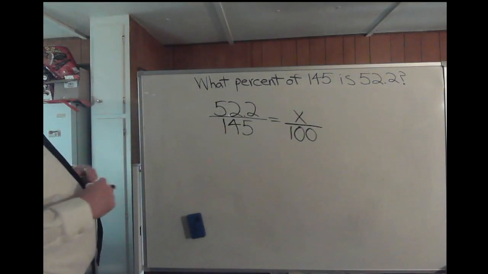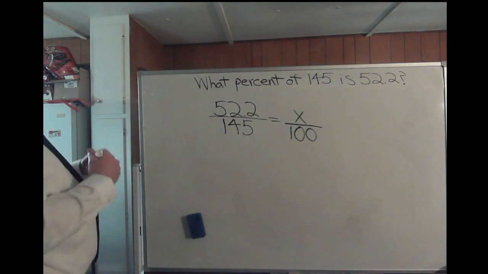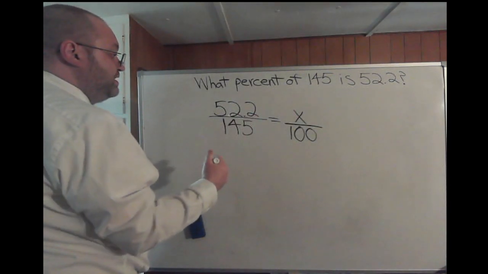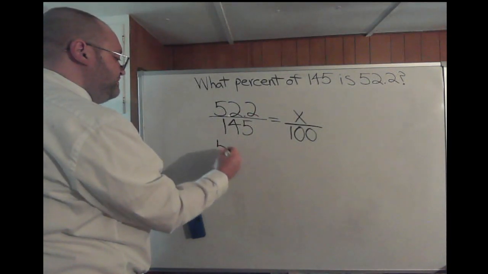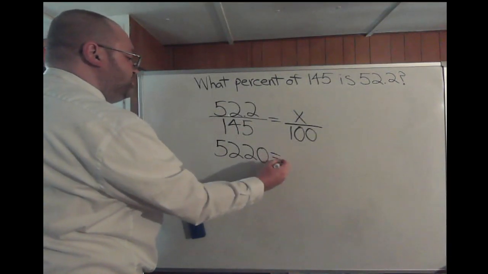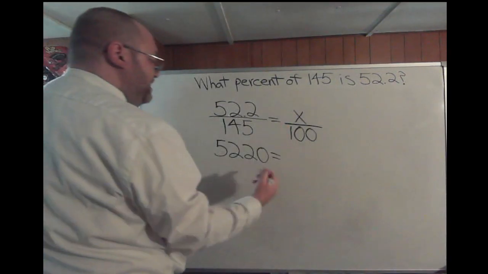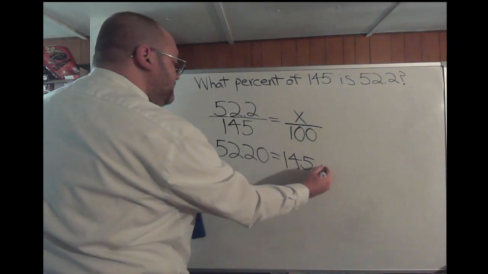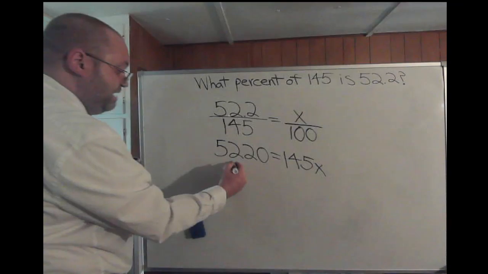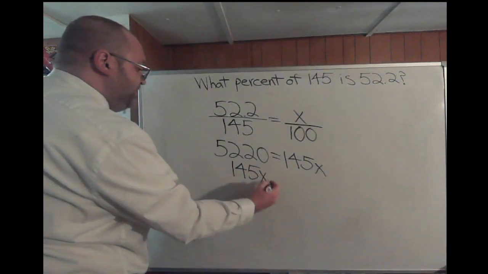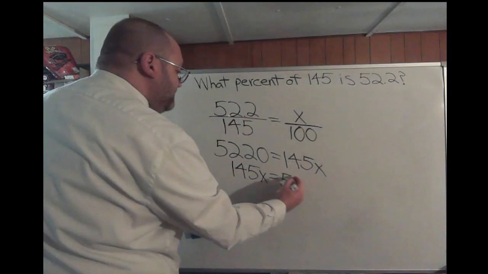Now we can go ahead and do the cross multiplication. 52.2 times 100, that's going to be 5,220. That'll be equal to the cross product of 145 and x, that'd be 145x. Now I'm going to switch these around, of course, because I like the variable on the left-hand side.